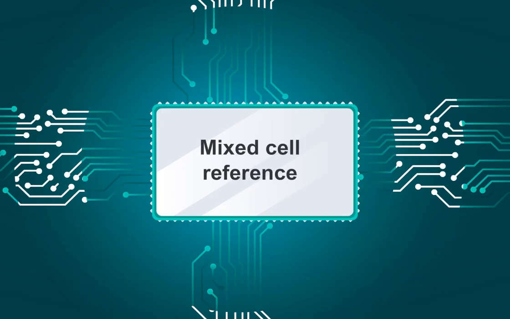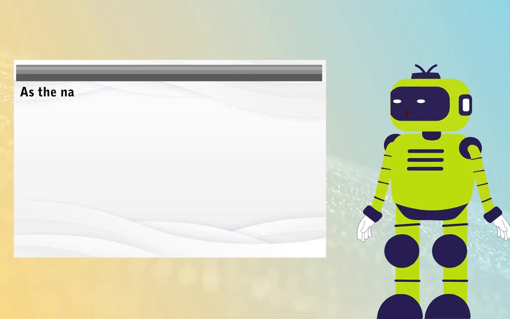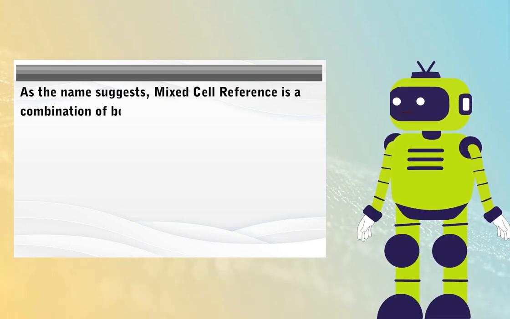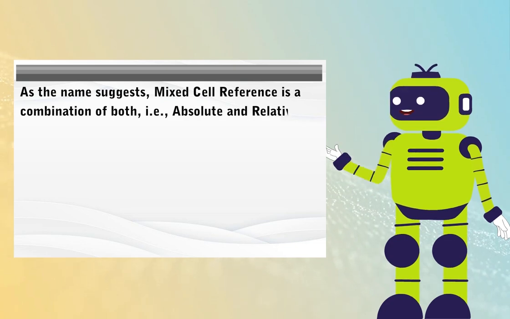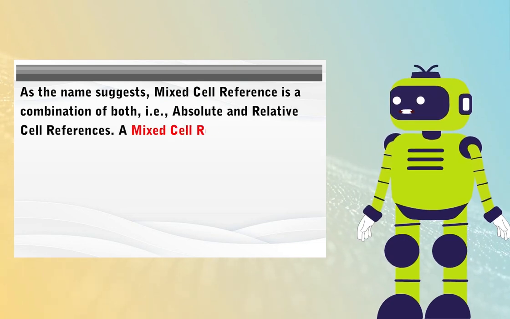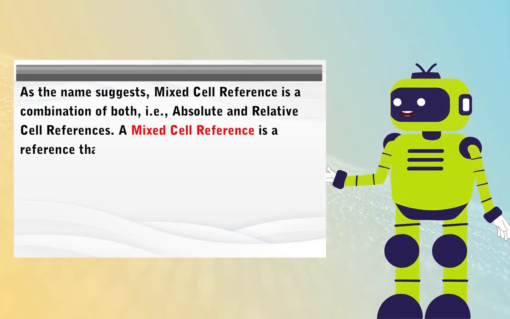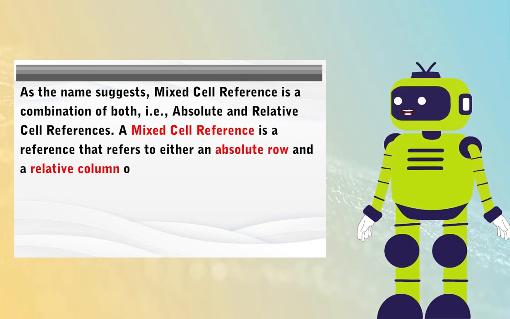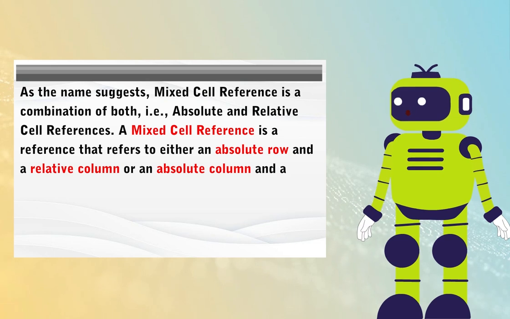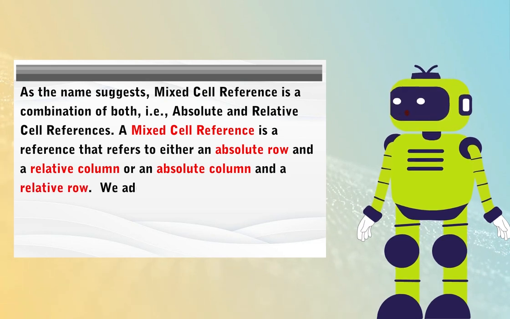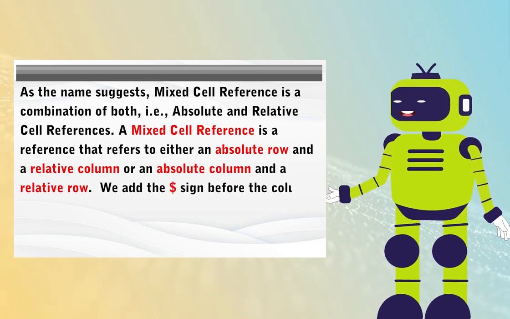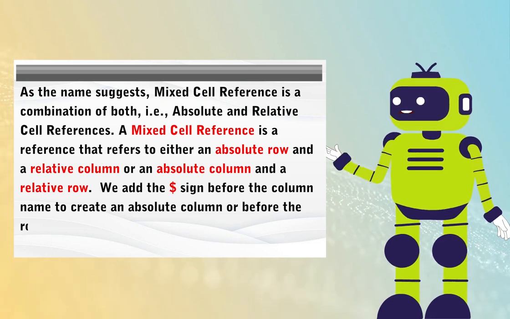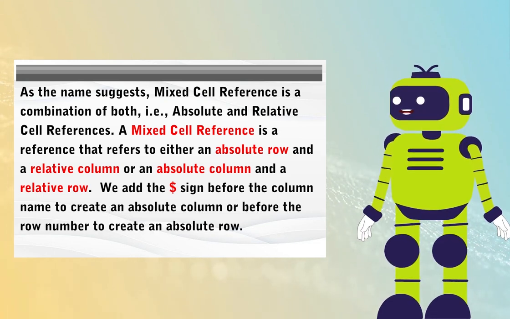Mixed cell reference. As the name suggests, mixed cell reference is a combination of both, that is, absolute and relative cell references. A mixed cell reference is a reference that refers to either an absolute row and a relative column or an absolute column and a relative row. We add the $ sign before the column name to create an absolute column or before the row number to create an absolute row.